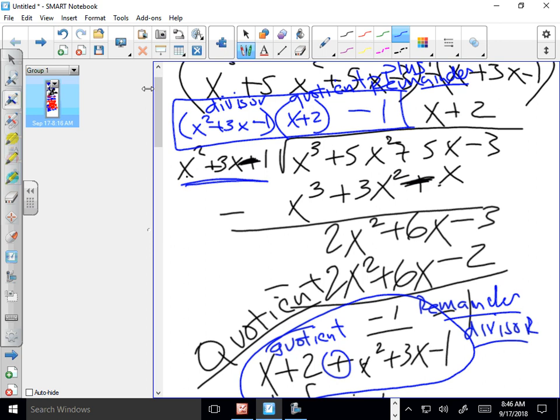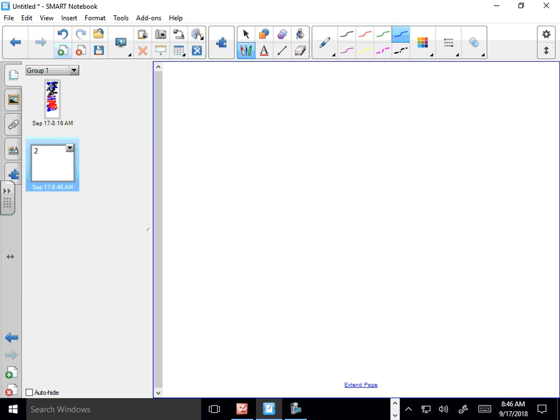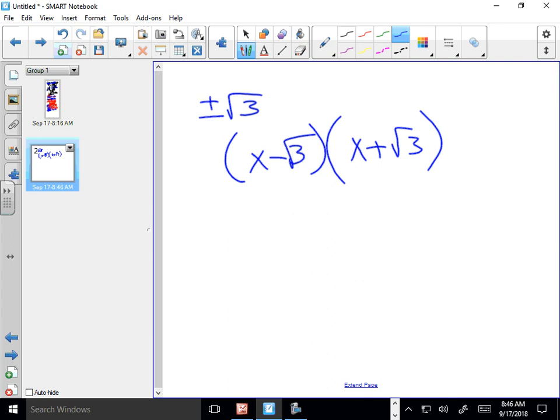Ooh, there was one other thing I wanted to talk about before we got to number 3, and that is this. Jason showed us that he could write plus and minus root 3 as x minus root 3 and x plus root 3.